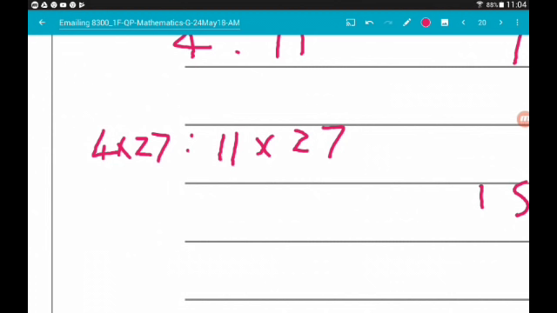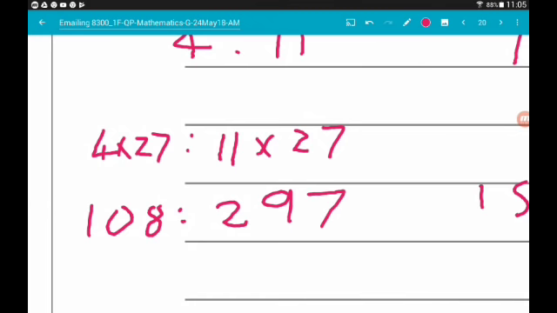So for 4 times 27, I would do 4 times 20 is 80. 4 times 7 is 28. 80 add 28 is 108. And then 11 times 27, well, 10 times 27 is 270. 1 times 27 is 27. 270 add 27 is 297. And that is our answer.